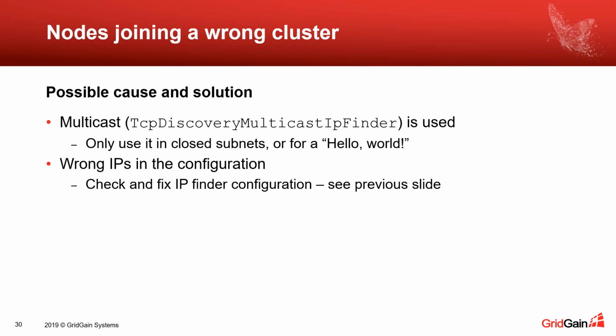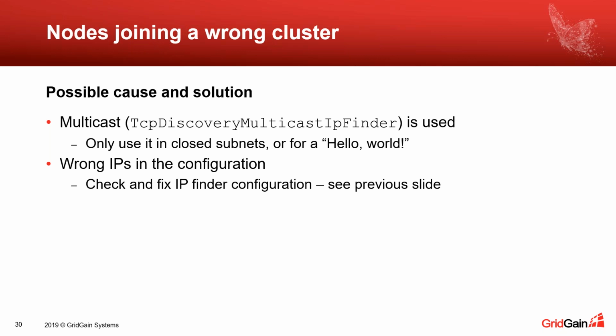It means that when you use multicast, all of the nodes in the same multicast group will always end up in the same cluster. So if you run with such a configuration, say in your office, where you do some development on your laptop and your colleagues do that as well, you're likely to run into issues with you and your colleagues connecting to each other's laptops and forming a single cluster instead of multiple ones.